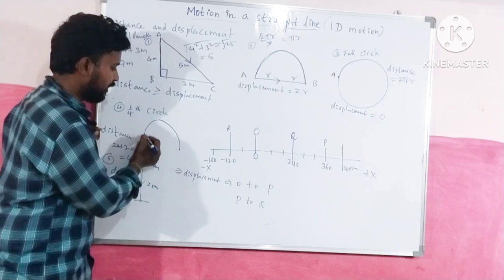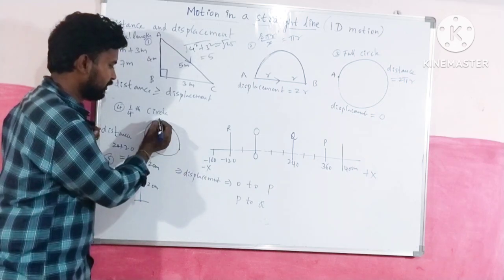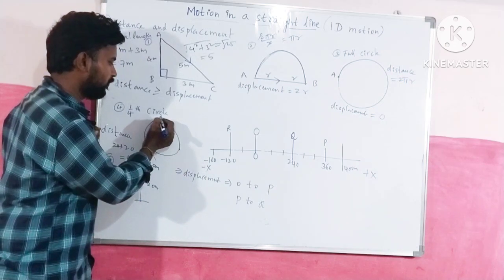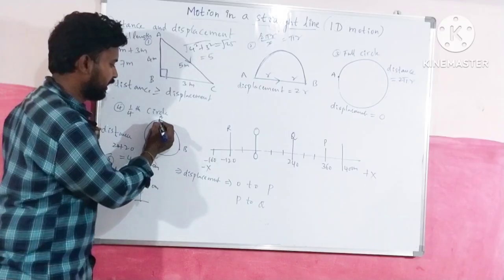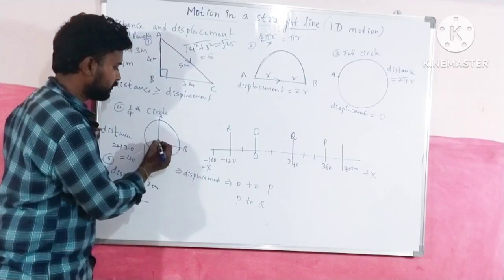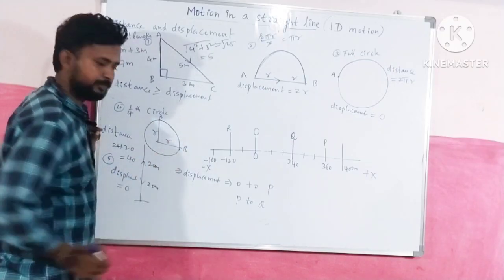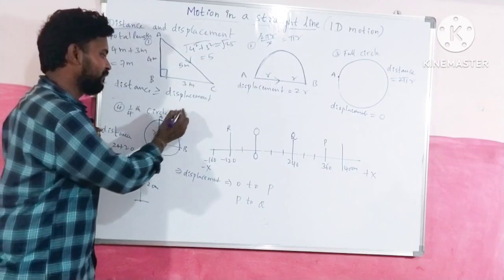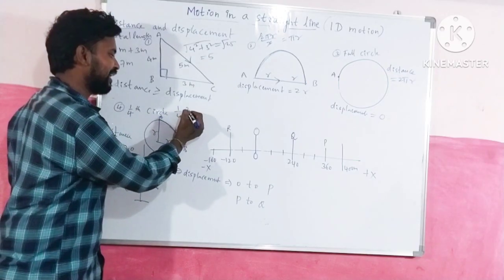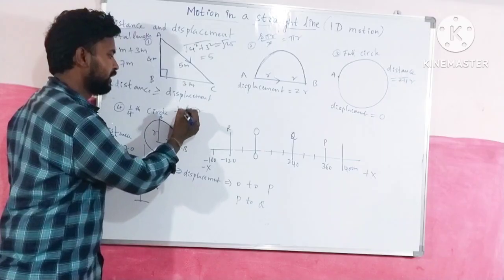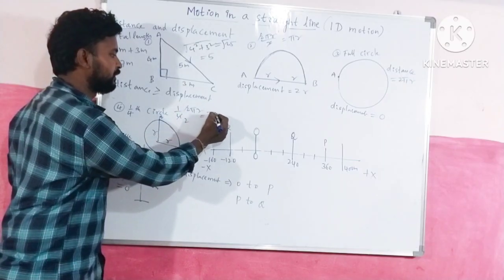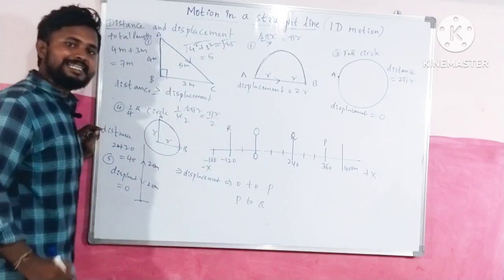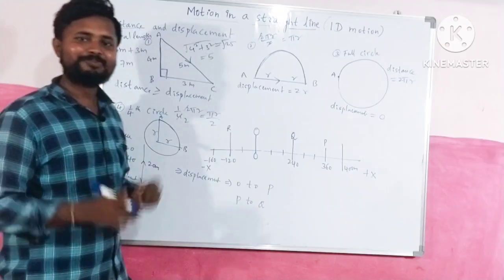Look here. This is the circle. The body completes a 1/4 revolution, and the radius is R. The distance is 1/4 of the circumference of the circle, so pi r by 2 is the distance traveled by the body.